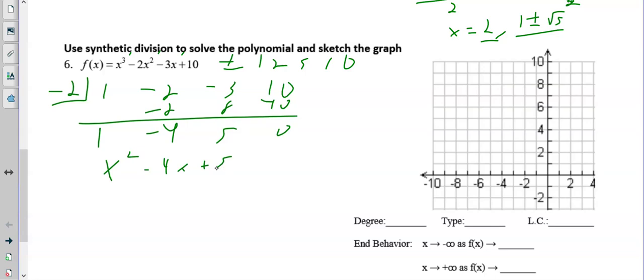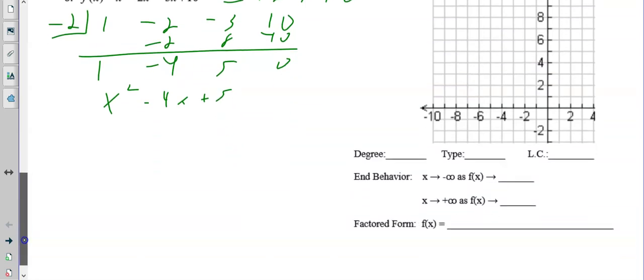Now you might be thinking, hey, 5 and 1 work. We just did 5 times 1. But the problem is, since this is a plus, that would have to be a 6 in the middle. Or the plus 5 would have to be a -5, in which case we could do 5 and 1. This does not factor. So we have to do the quadratic formula again.